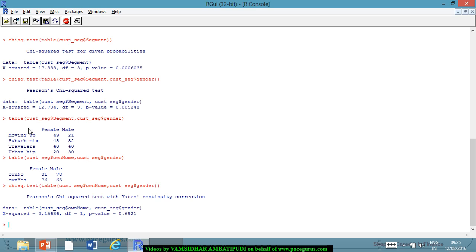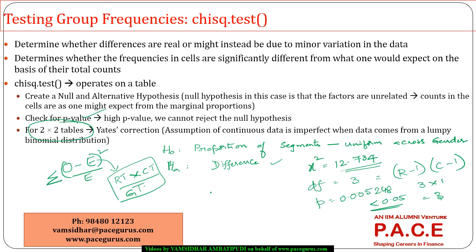Here you see the test with its correction. A continuity correction is applied by default, especially for 2 by 2 tables. Here the chi-square is 0.156.